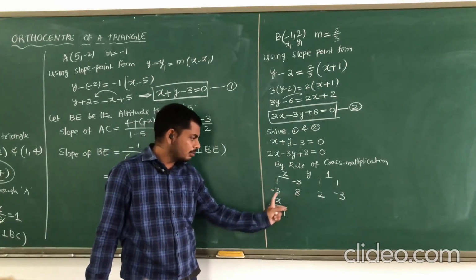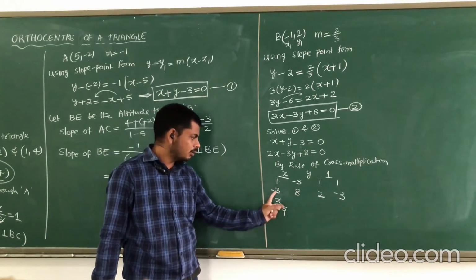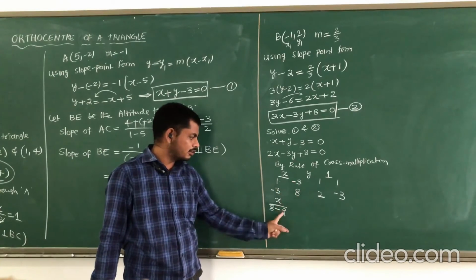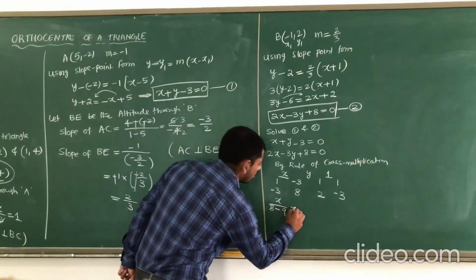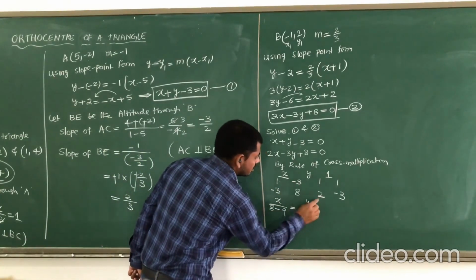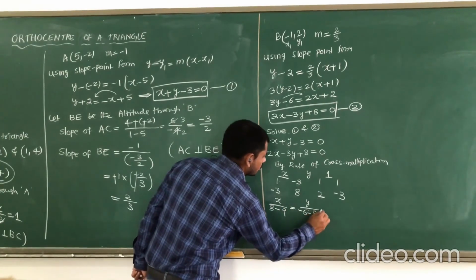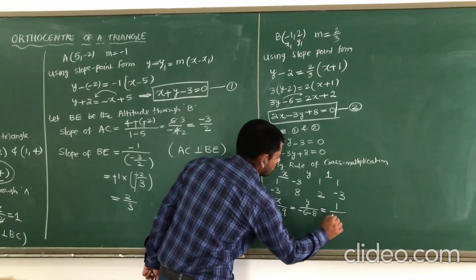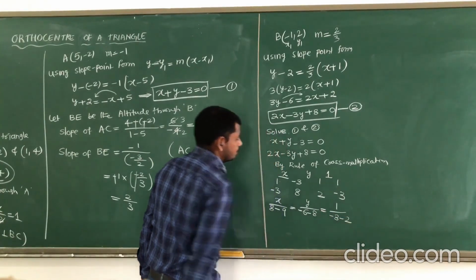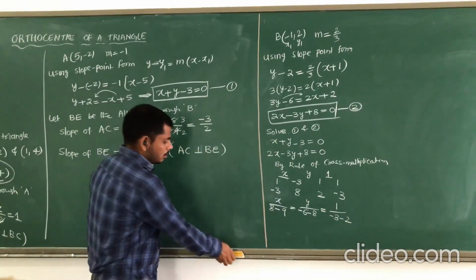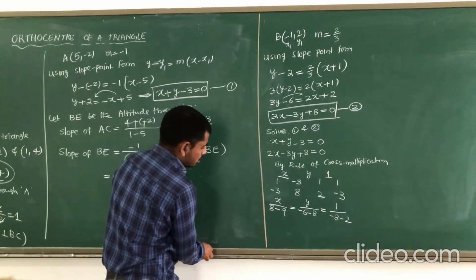Cross multiplication, AD minus BC: 1 into 8 minus 3 into minus 3, that is 8 minus 9, which is minus 1. Y by minus 3 into 2 minus 6 minus 8 into 1, that is minus 14. And 1 by 1 into minus 3 minus 2, that is minus 5.